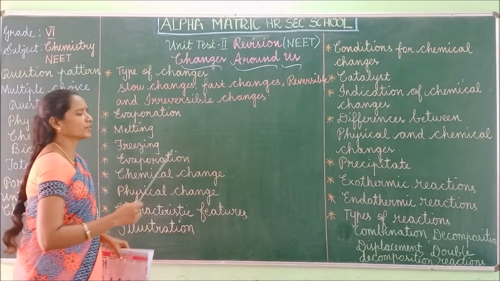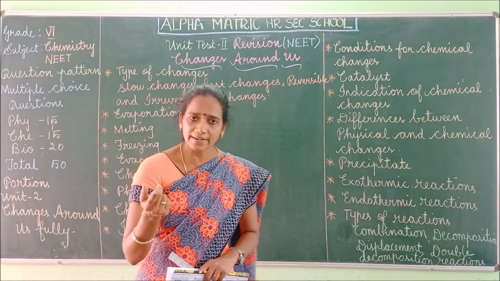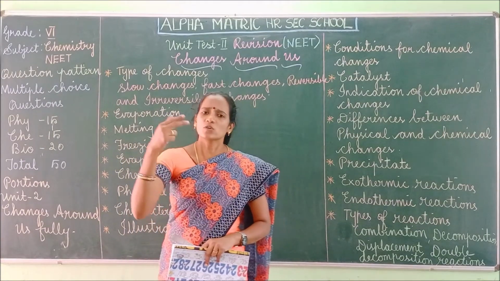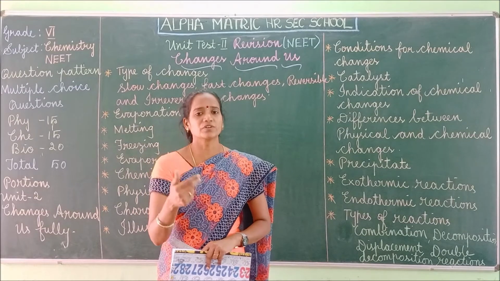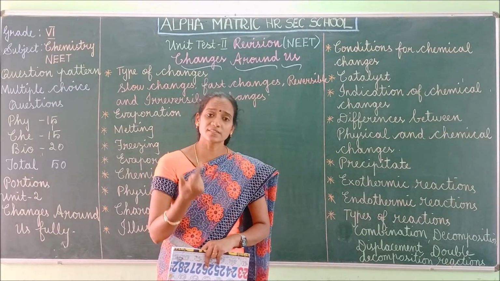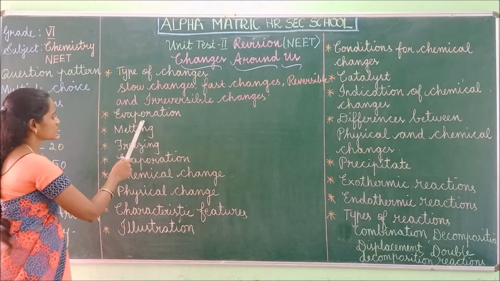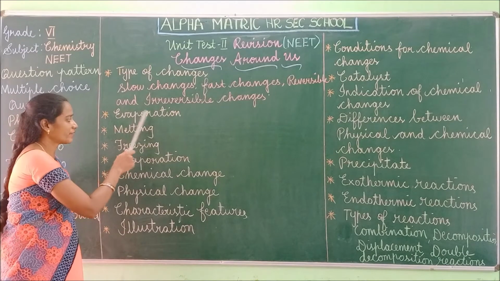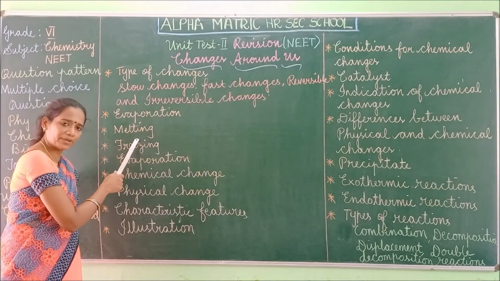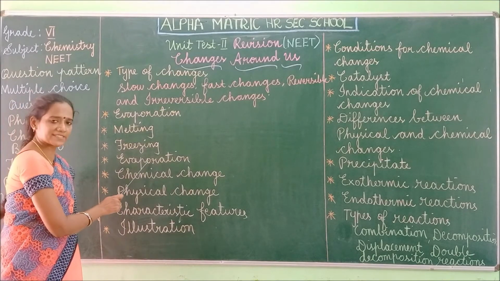And also what are the two types of changes? The two types of changes are physical changes and chemical changes, isn't it? This type of change is further classified into slow changes, fast changes, reversible changes and irreversible changes, right? Next one, definitions. Define evaporation, define melting, freezing, and then condensation.